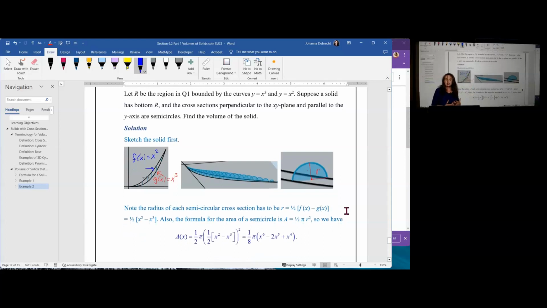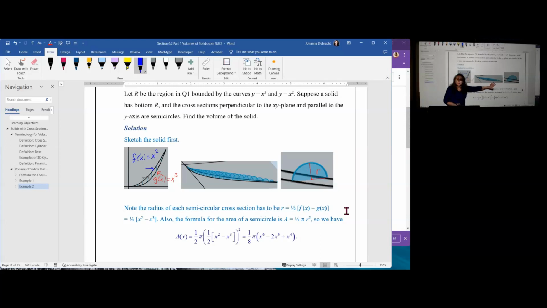X squared and x cubed go through the origin and the point 1, 1. So we are integrating between x equals 0 and x equal 1. We need to find the area of one of these semicircles and multiply it by the differential dx.